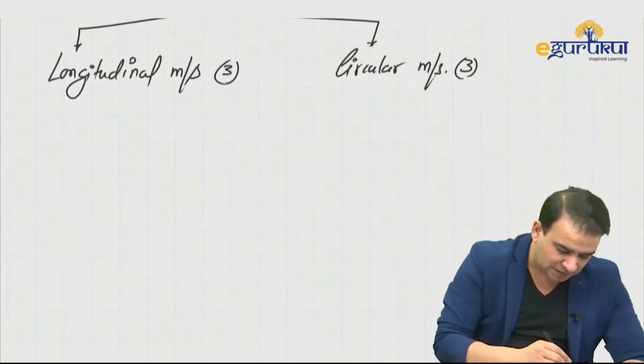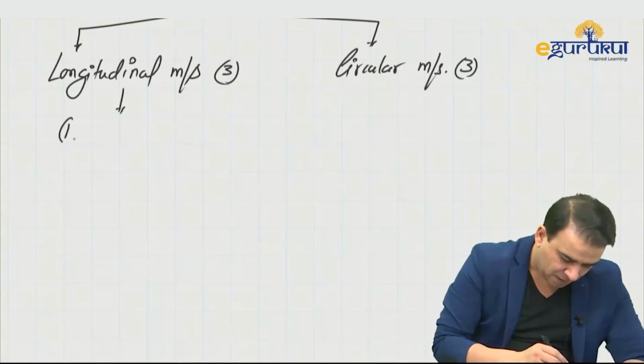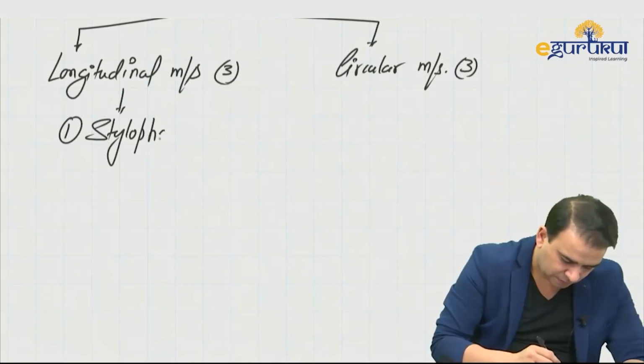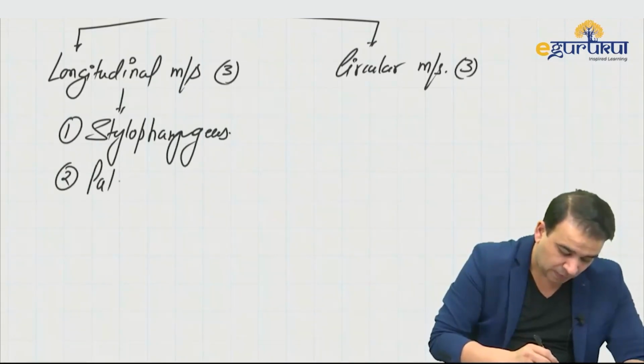So the longitudinal muscles, which are 3 in number. One is the stylopharyngeus. We got palatopharyngeus.